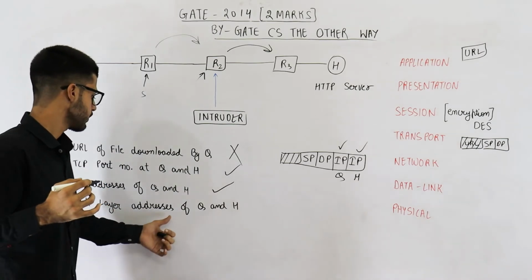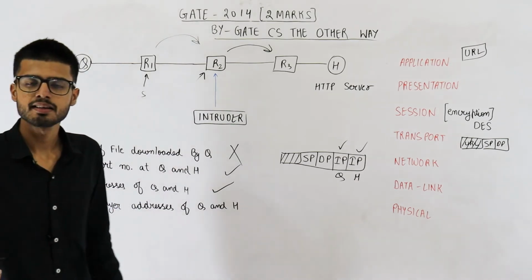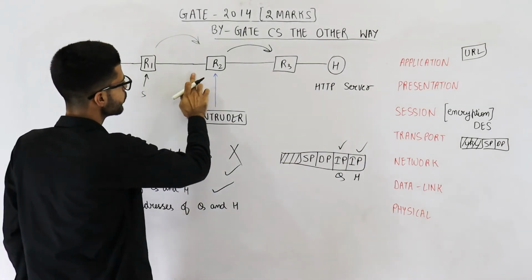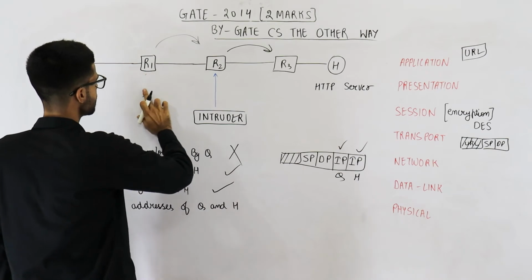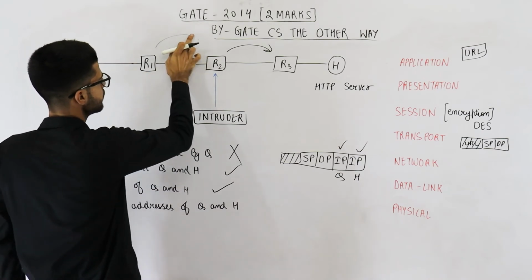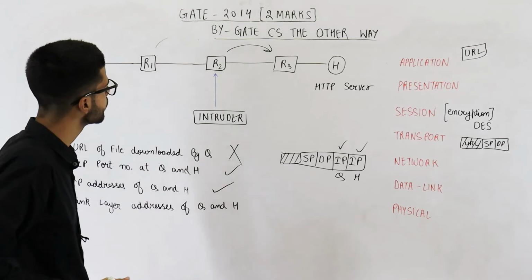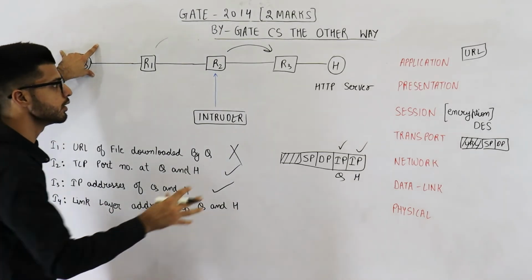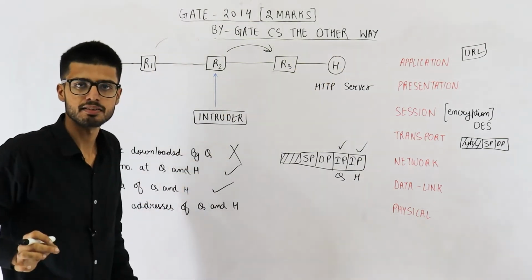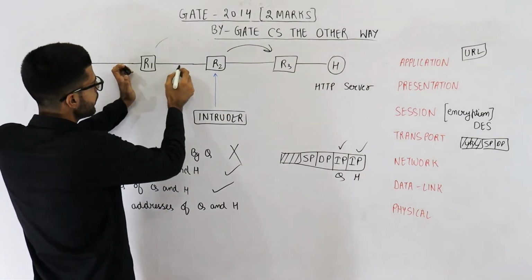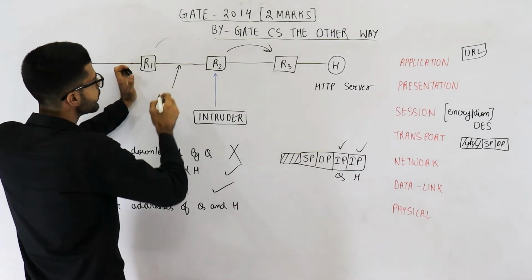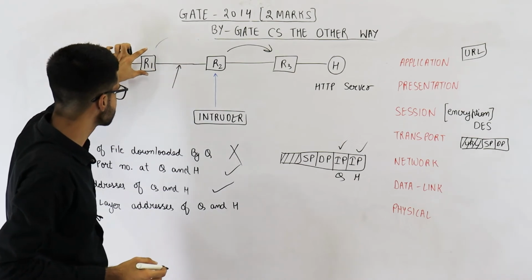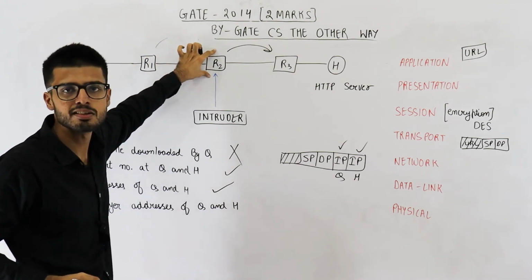Next thing is link layer addresses or the physical addresses or MAC addresses. These will not be visible because suppose this is the intruder. It is trying to listen to the conversation, whatever messages are being exchanged. In none of the messages will you find Q and H MAC address, because if the intruder is listening to this channel, then source addresses will be of R1 and destination addresses will be of R2.